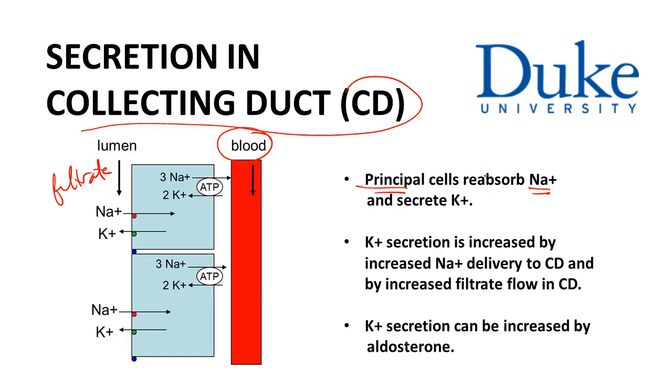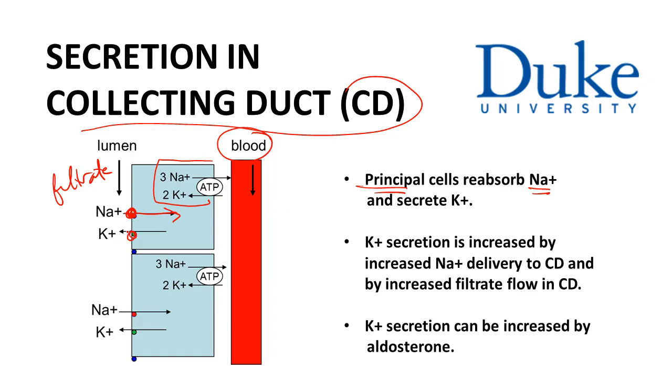So you notice that there's no charge gradient that's going to be established. We're just simply moving a positive ion, sodium, from one side to the opposite, and then moving potassium, a positively charged ion, in the opposite direction. Now, this entire region is using a sodium channel, which allows the sodium to enter the cells, moving down its concentration gradient, which is established, of course, by our sodium-potassium ATPase.